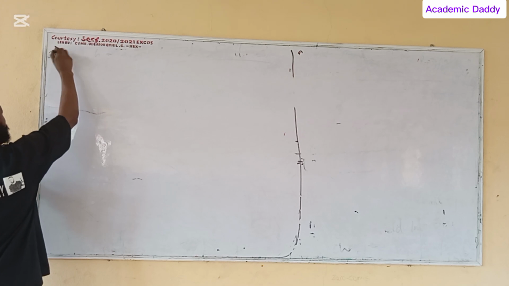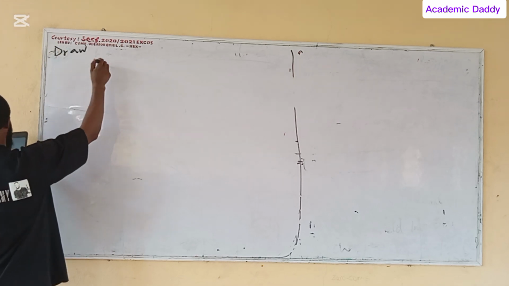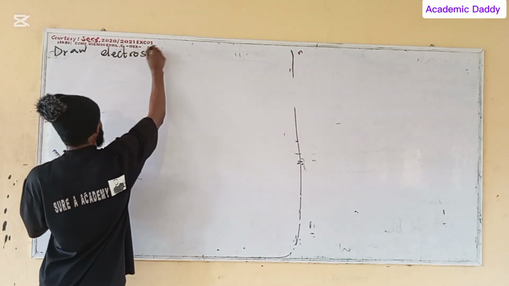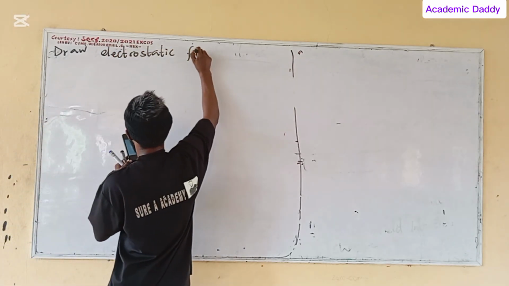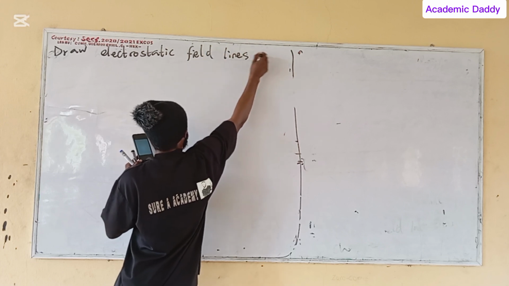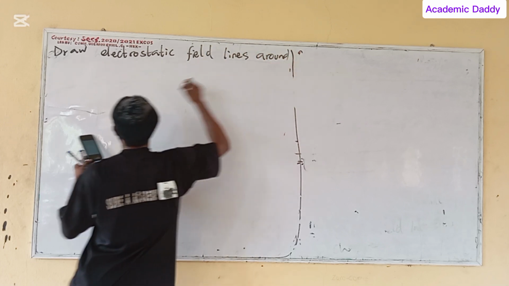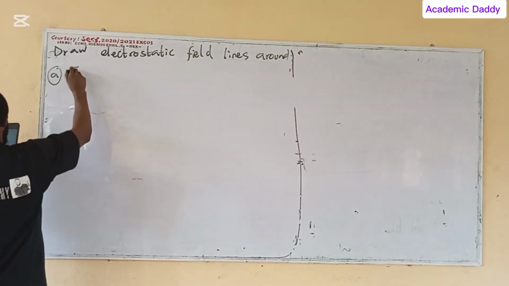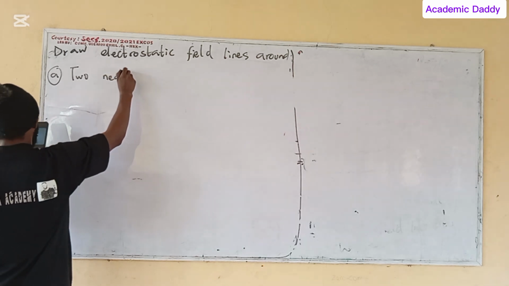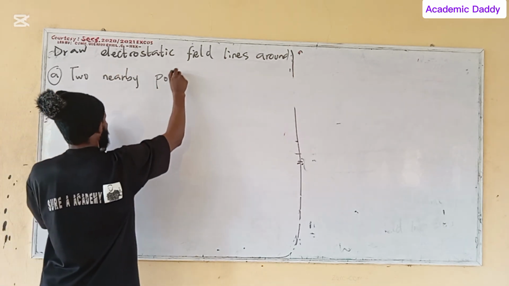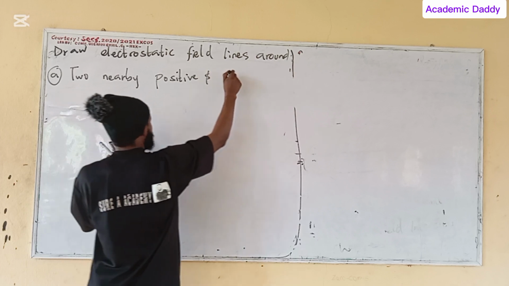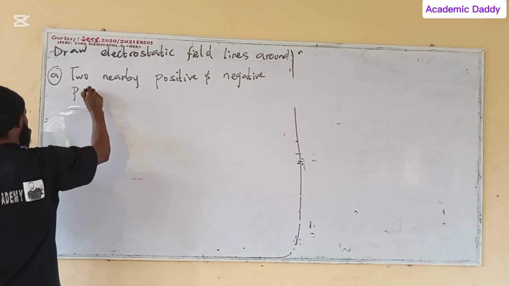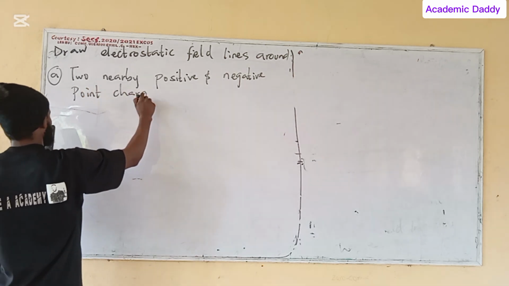Draw electrostatic field lines around: A, two nearby positive and negative point charges.